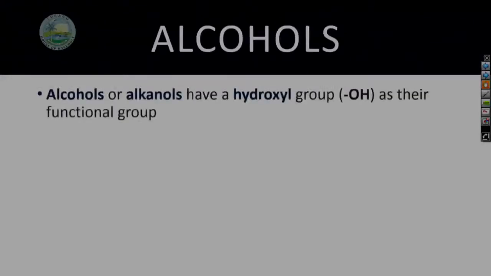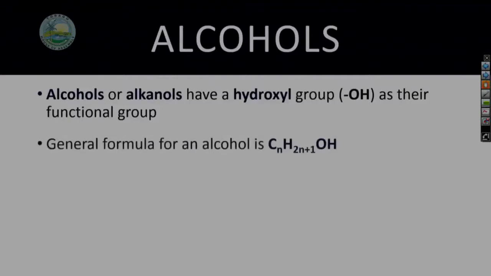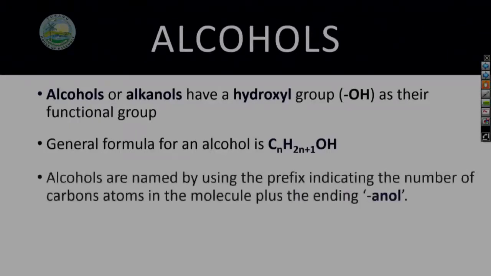So, alcohols. What are alcohols? Alcohols, or alkanols, have a hydroxyl group, OH, as their functional group. The general formula of an alcohol is CnH2n+1OH, and alcohols, as we learned in the previous videos, are named by using the prefix indicating the number of carbon atoms in the molecule plus the ending "anol".